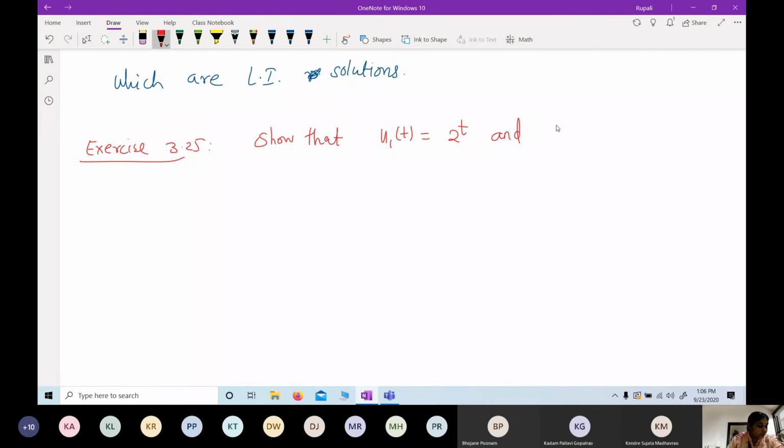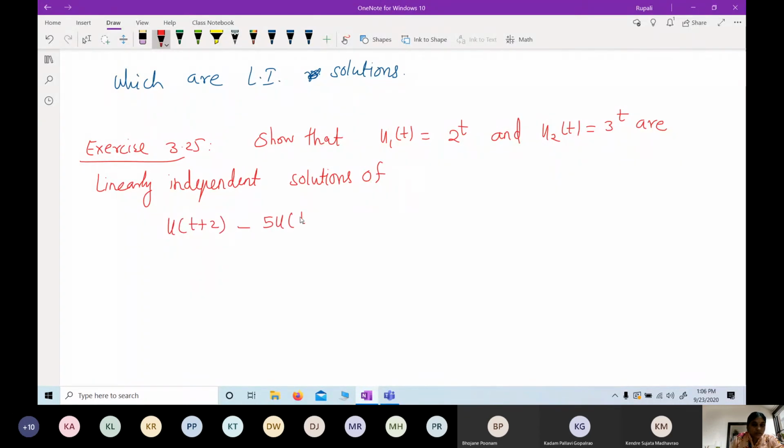Already solutions have been given. I think already checked this one. u2(t) is equal to 3 raised to t are linearly independent solutions of the equation u(t+2) minus 5 u(t+1) plus 6 times u(t) is equal to 0.